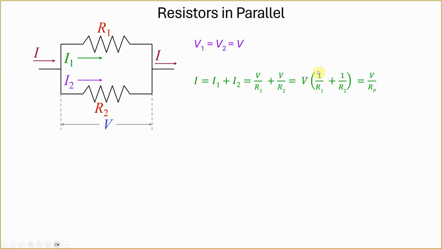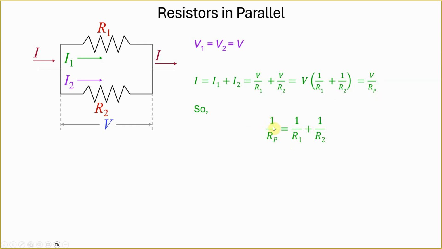If you remember your circuits from earlier studies, you recognize this 1 over R1 plus 1 over R2. This kind of combination is how we combine resistors in parallel. So I can write 1 over R1 plus 1 over R2 as just 1 over R parallel, RP. So 1 over RP is nothing but the two combined, 1 over R1 plus 1 over R2. This gives me the equivalent resistance in parallel.